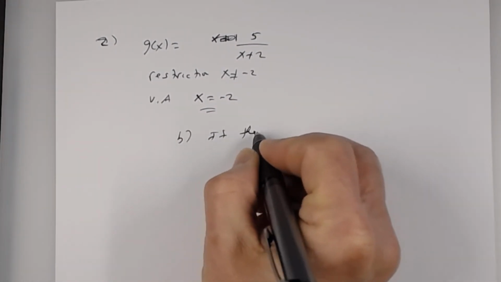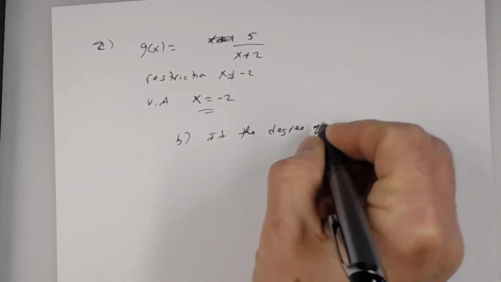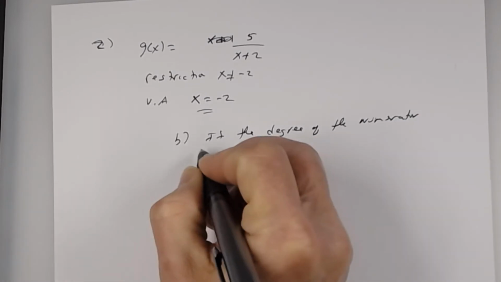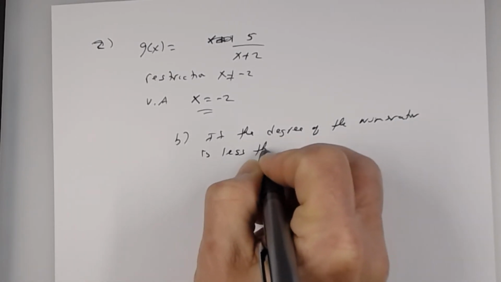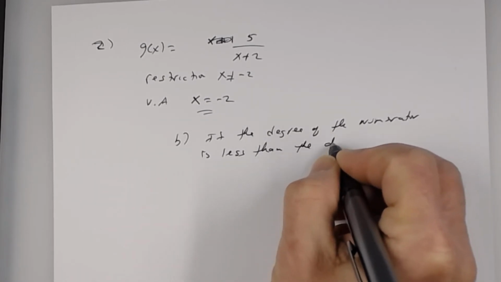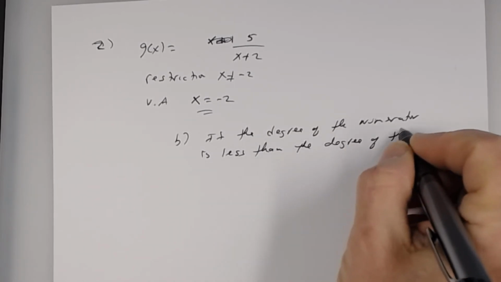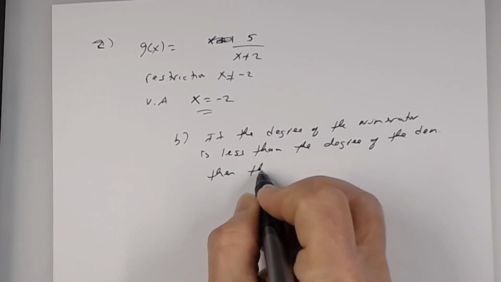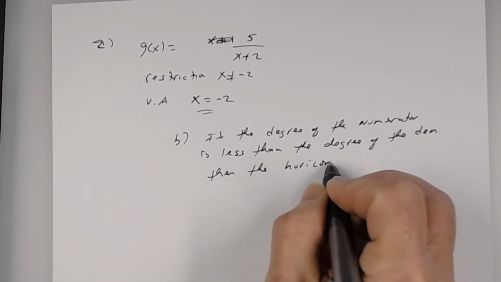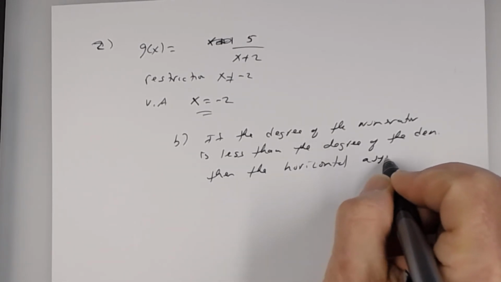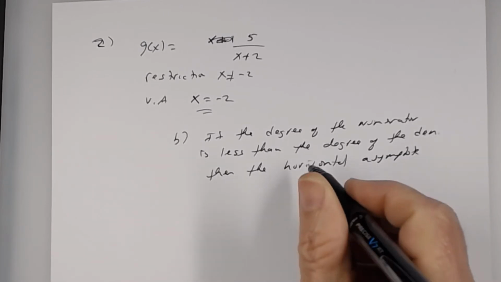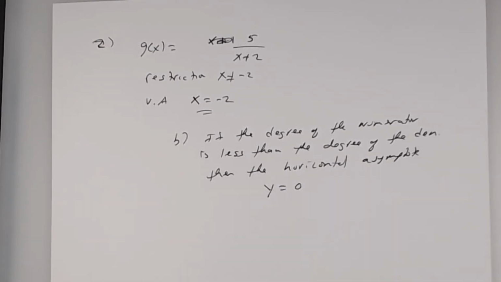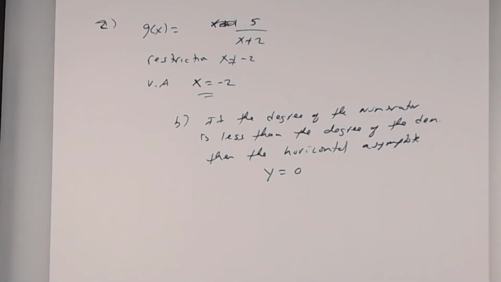If the degree of the numerator is less than the degree of the denominator, then the horizontal asymptote is always going to be y equals 0.